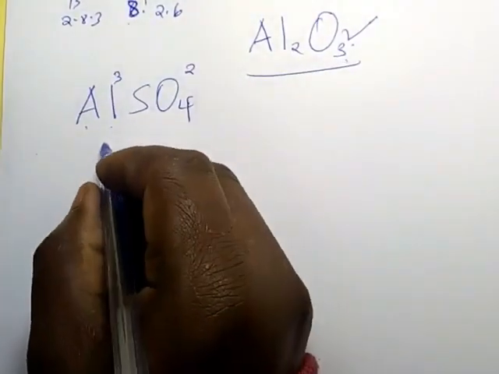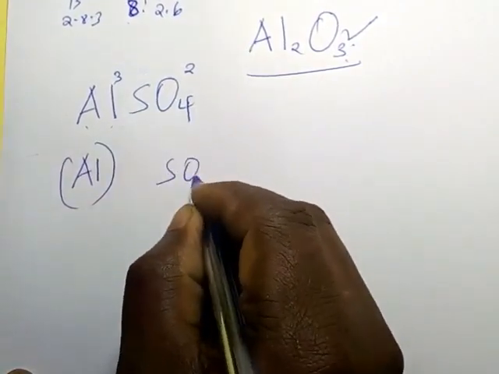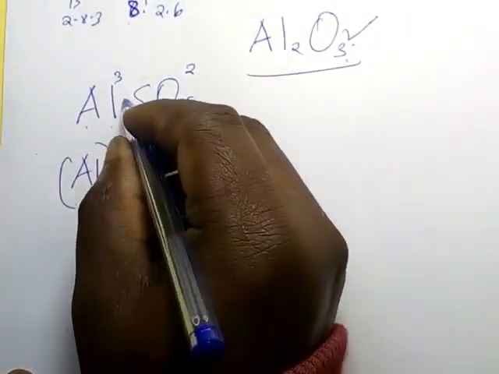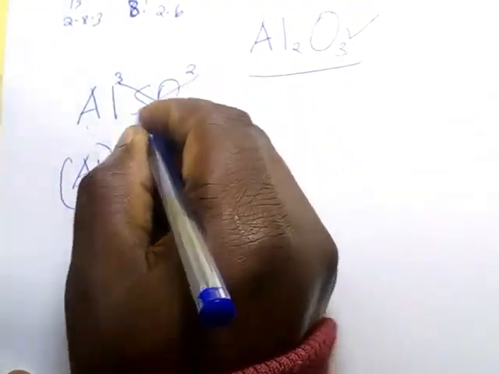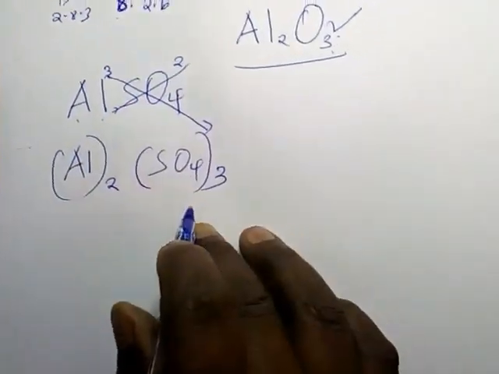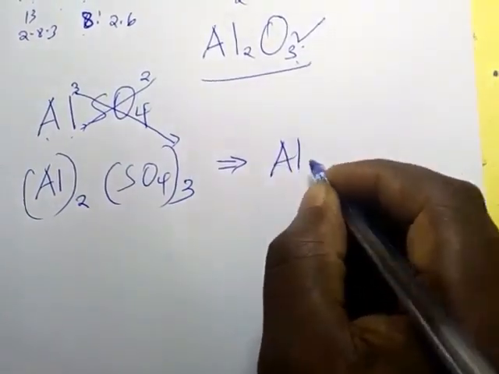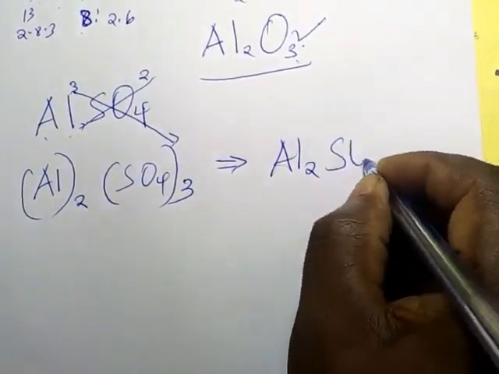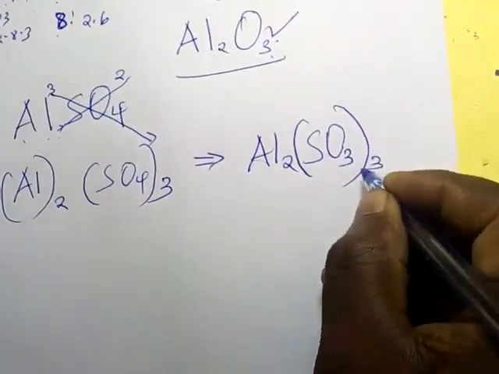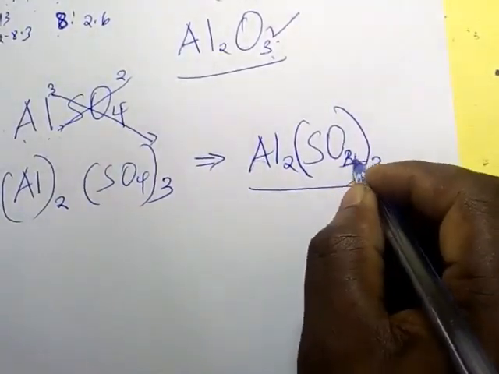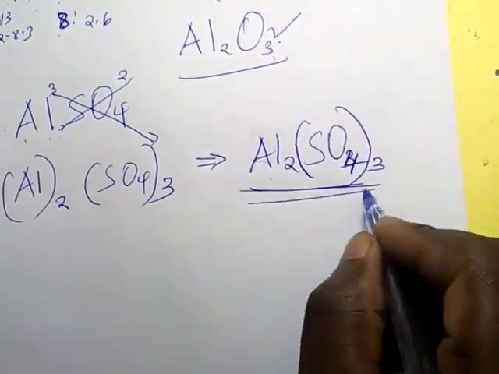So what happens is that aluminium and the sulfate interchange. This one comes here, 3, and this one comes here, 2. So the correct formula for aluminium sulfate is Al2, then you put a bracket, SO4, 3. Aluminium sulfate is written as that.